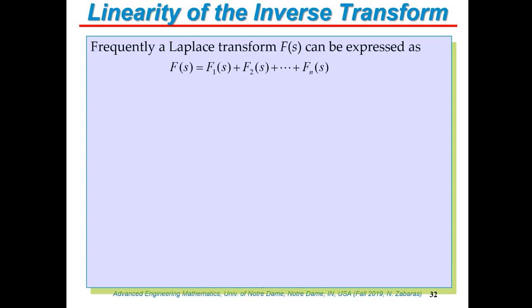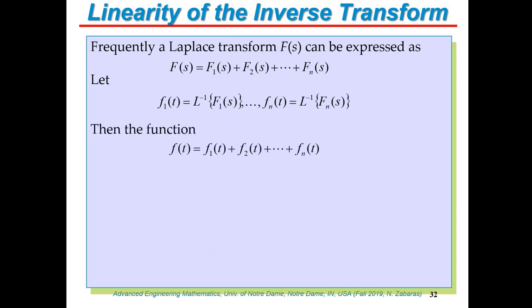Now, if you remember, we stated before that the Laplace transform is linear. So if you take a combination of functions, their Laplace transform is a linear combination of their Laplace transforms. The same, of course, is true for the inverse Laplace transform.